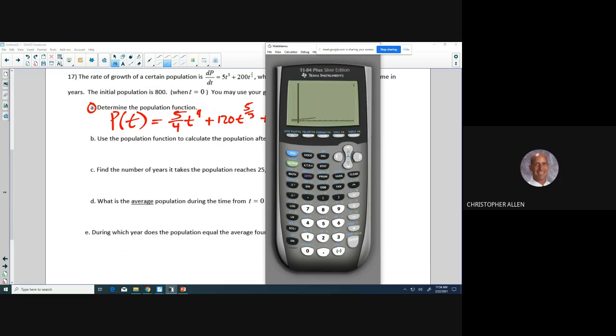Now my grapher shows me a much better idea of what this function looks like.